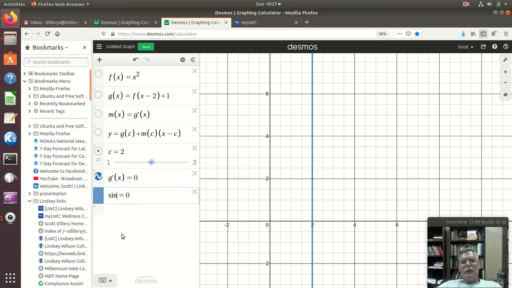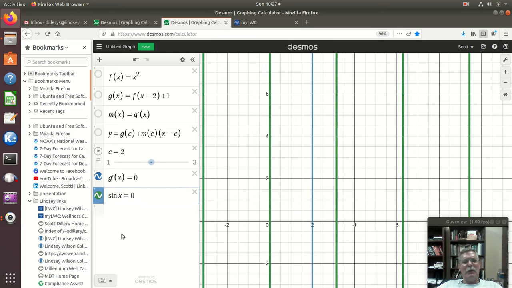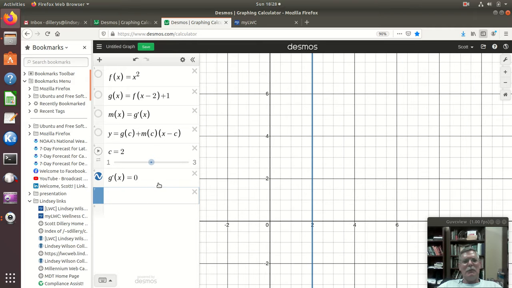See what happens if I give it something like sine of x. Wow! Okay, people, this is exciting. We'll probably be able to use this. But at any rate, it solved this, and we got x equals 2 as an answer.